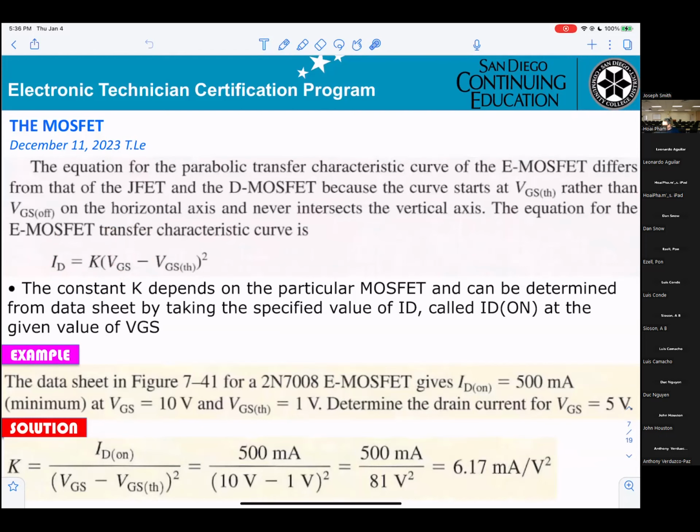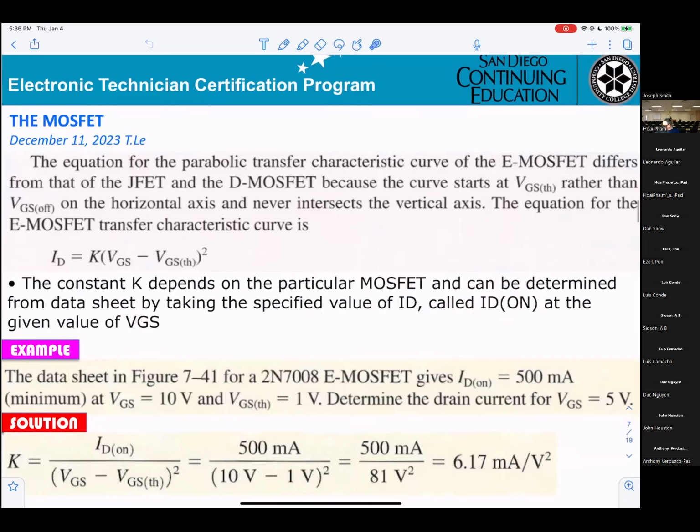In this formula, the constant K depends on the particular MOSFET and can be determined from the data sheet by taking the specified value of ID. That's what they call ID on. ID on means the value they give you with the MOSFET at a given value of VGS.